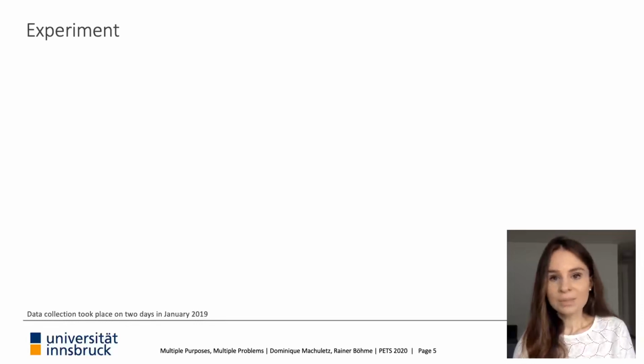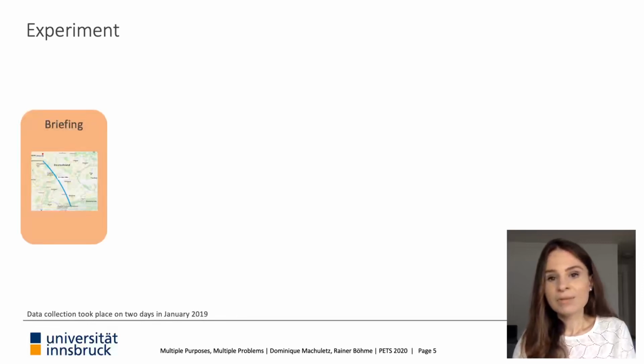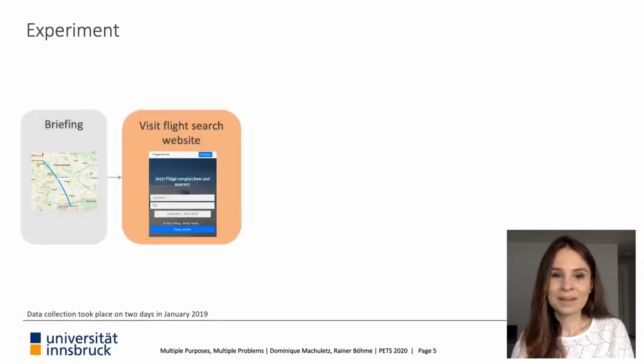The experiment took place before a mandatory undergraduate lecture. First, we started with a briefing that did not reveal the purpose of our study. We just told the students that we want them to evaluate a flight search website. We asked them to visit a functional mock-up and told them to search for a particular flight connection. All students started this task simultaneously.